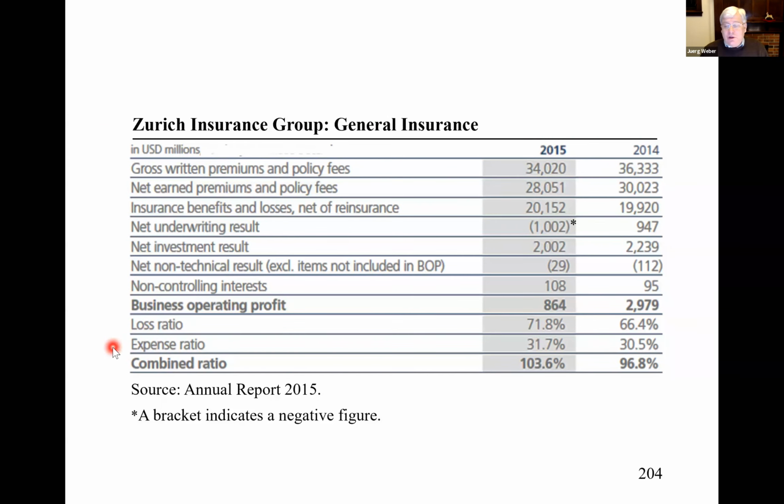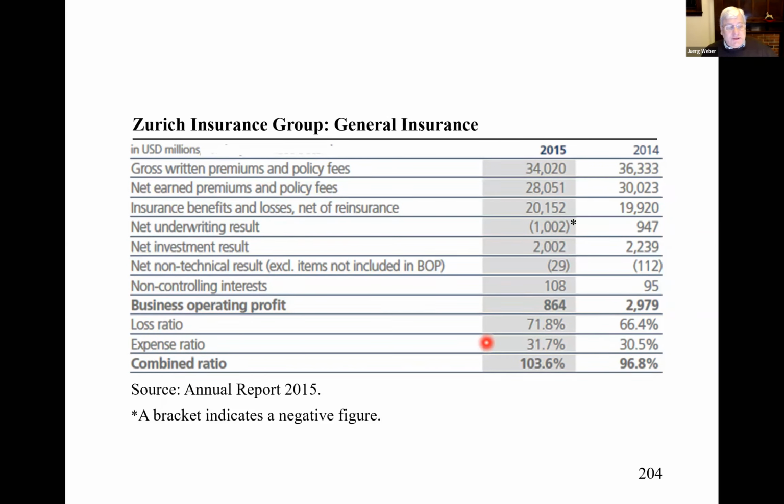Now, when I saw this the first time, I was quite surprised. So the expenses of the insurance company, the administrative expenses, are quite high. They are about half of what the insurance company pays to the insurance buyers when the insurance buyers suffer some losses. So here we have the expenses for setting up insurance contracts, expenses for marketing, and so on.